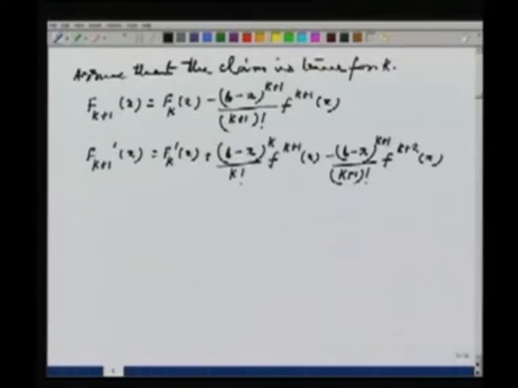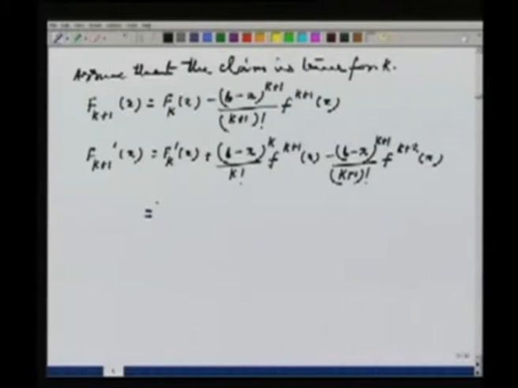Now I plug in the formula for F_k'(x), which I have assumed. So this then is minus (b minus x) to the power k by factorial k into f^{(k+1)}(x).